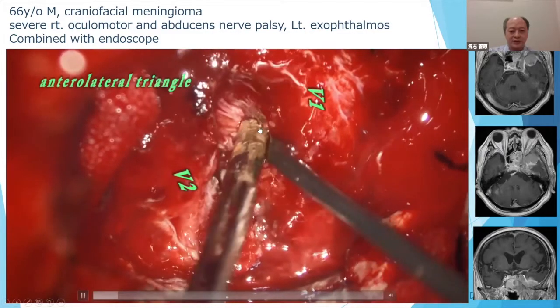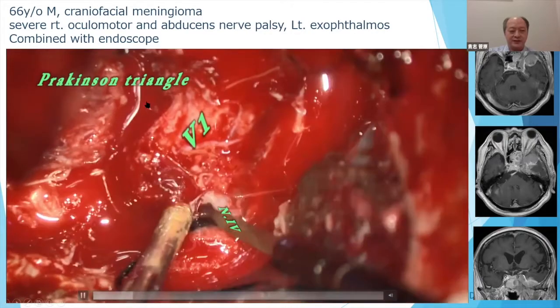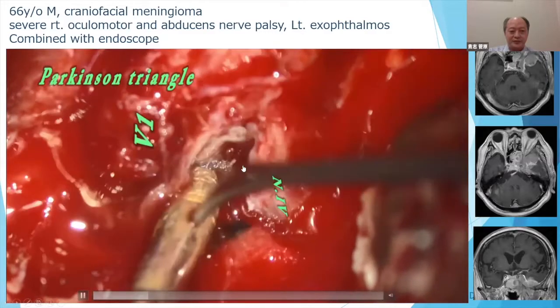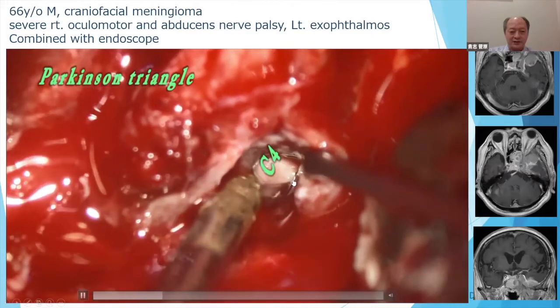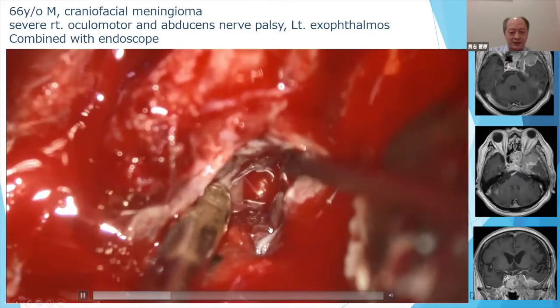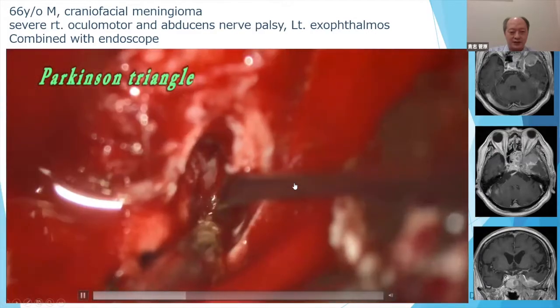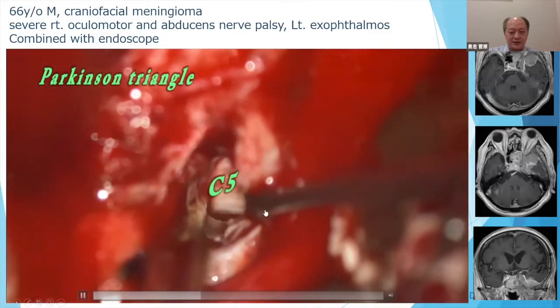As I mentioned, the anterolateral triangle is a very safe place. And then the Parkinson triangle here, and you can see the C4 and 6th nerve here, and again the 6th nerve, and C5 here.